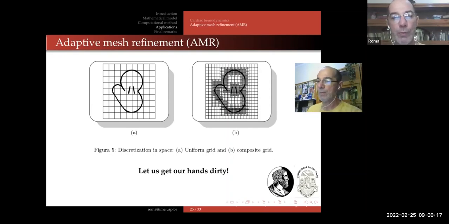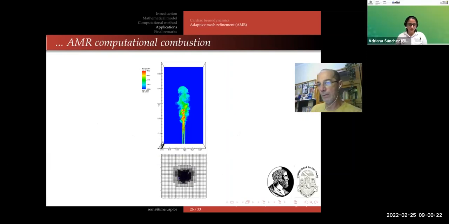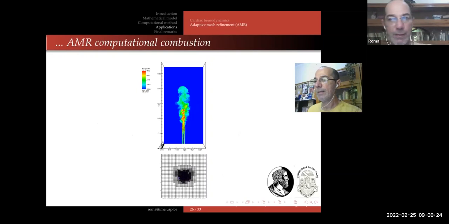Just to show you an example where we can use it, these are simulations that actually have nothing to do with immersed boundaries, but have to do with computational combustion.